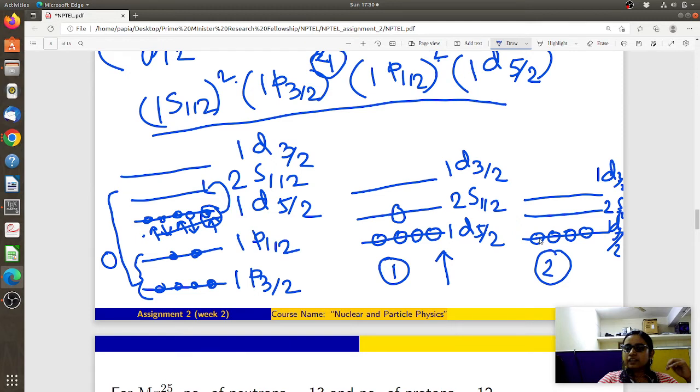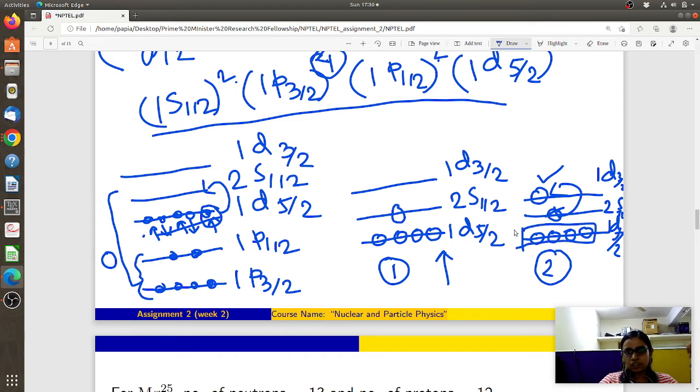They are fixed here because they are paired, and paired nucleons are very stable. They don't want to go anywhere. But this one can go here. So in the second excited state, there will be no nucleon here, or there will be one nucleon, and 4 nucleons there. This is the second excited state configuration.